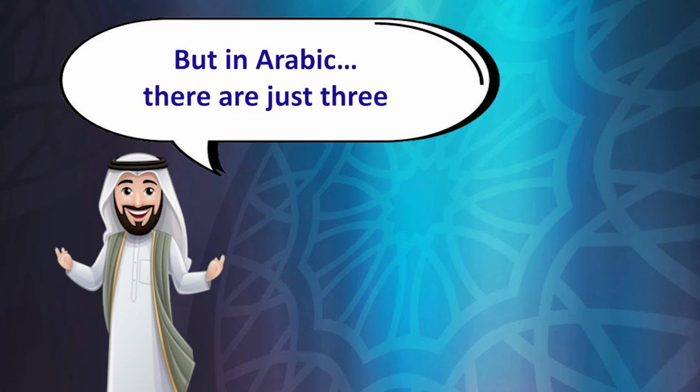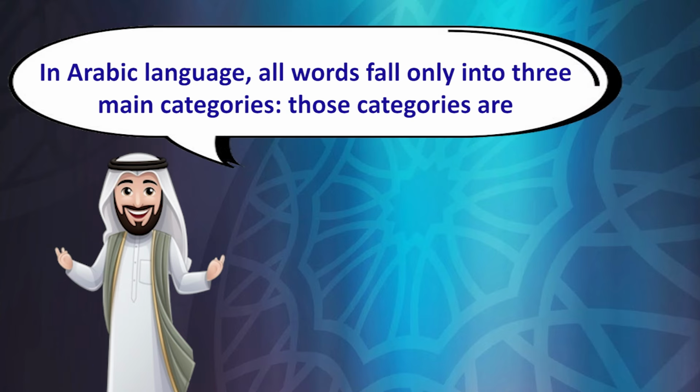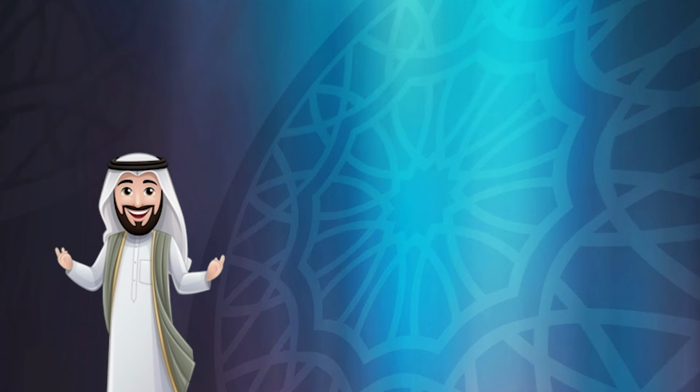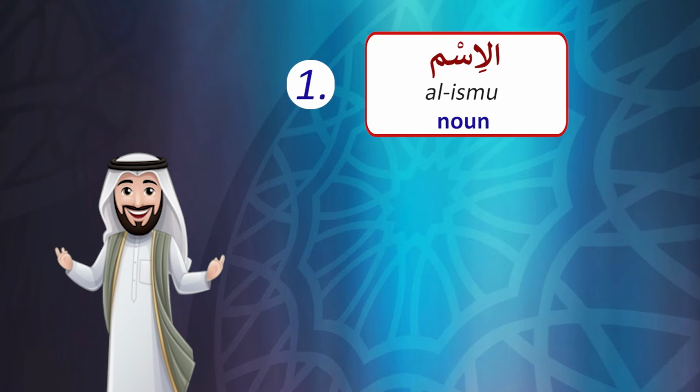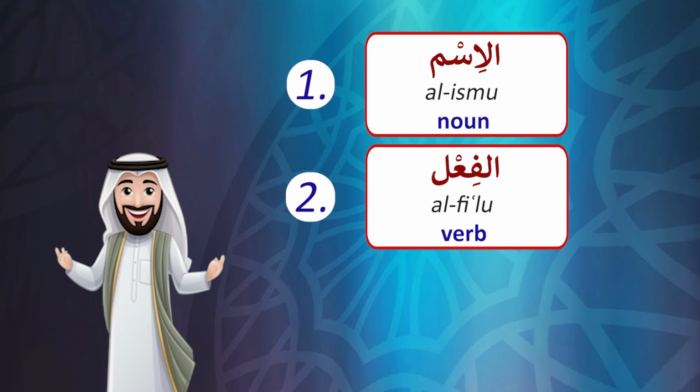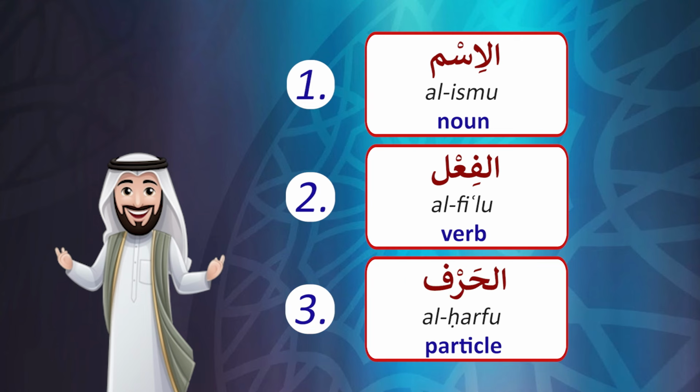But in Arabic, there are just 3. In Arabic language, all words fall only into 3 main categories. Those categories are الاسم, noun; الفعل, verb; الحرف, particle.